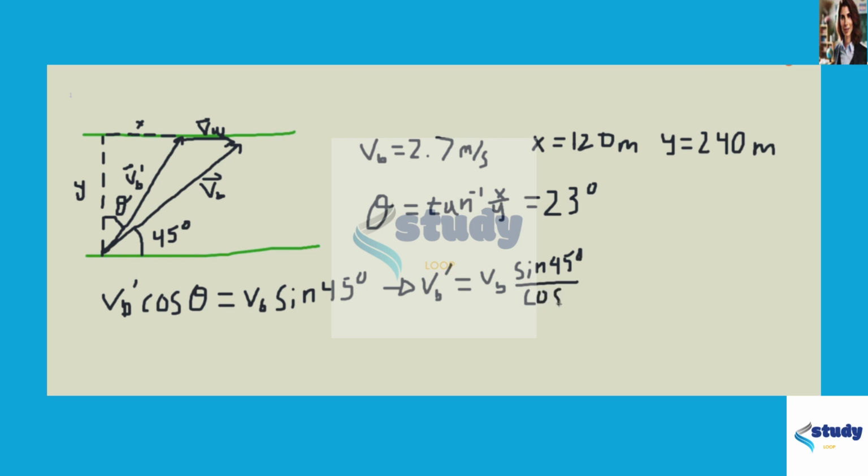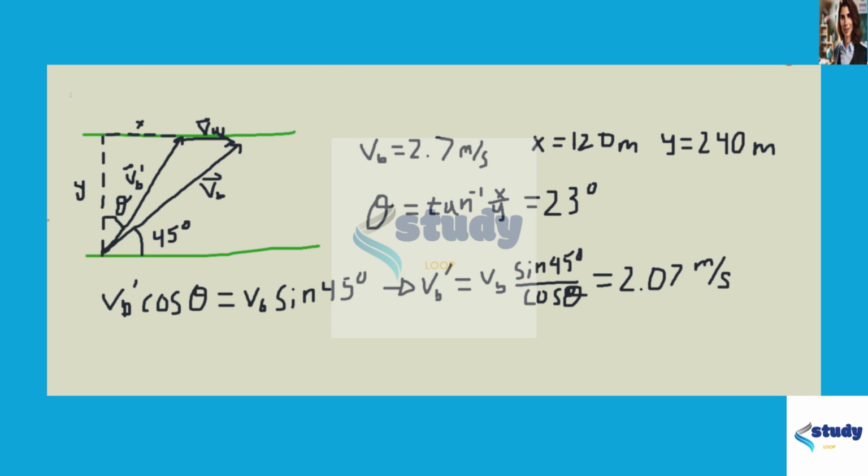So if we plug in 2.7 meters per second for v of b, and multiply that by sine 45 degrees divided by the cosine of theta, which is 23 degrees, we'll find that this is equal to 2.07 meters per second. And that's the velocity of our boat now relative to the shore.